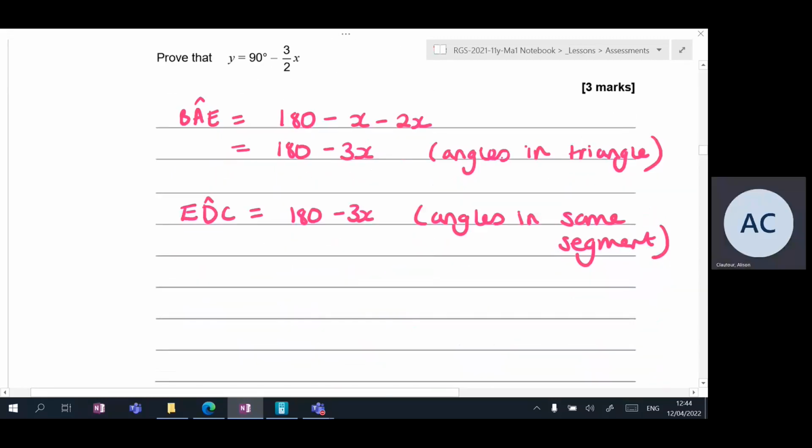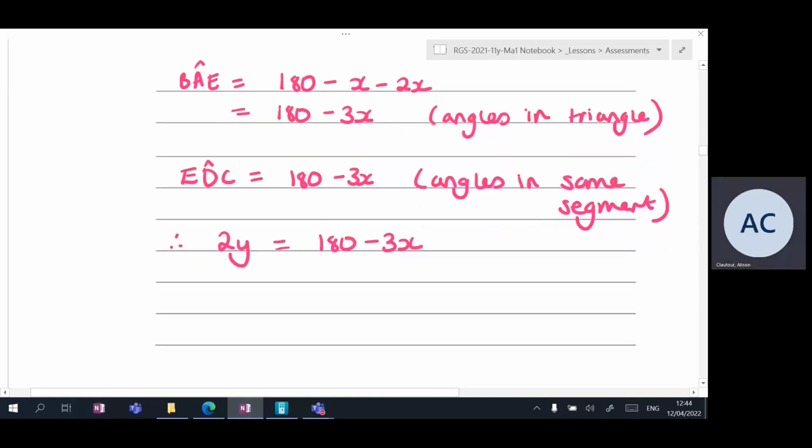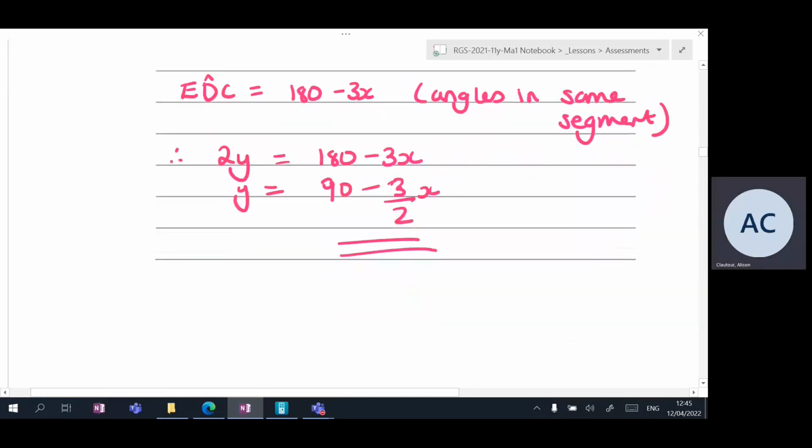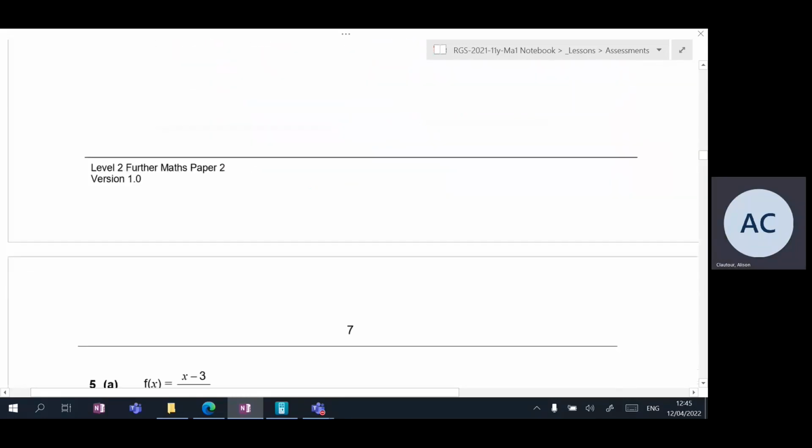Okay, so therefore, because that angle was 180 take away 3x, 2y has to be 180 take away 3x. So therefore 1y has to be 90 minus 3 over 2x. Okay, so quite a simple circle theorem question. Could get that at GCSE maths as well.